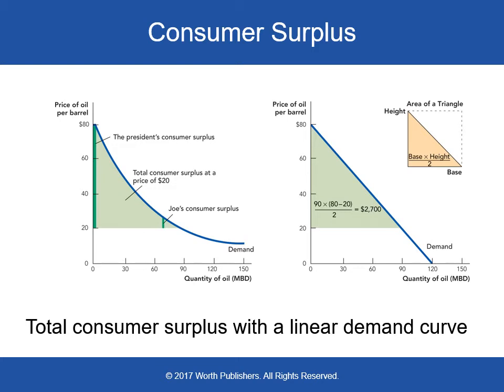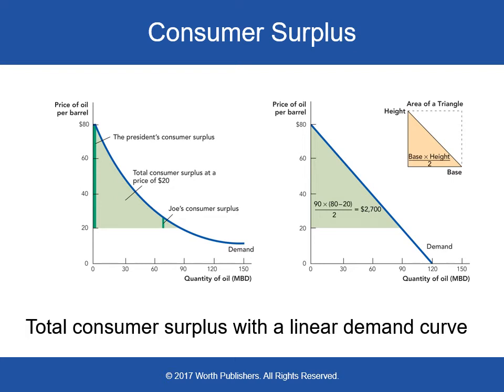So that green vertical line is the distance between 20 and, let's imagine, 30, whatever it is that Joe would be willing to pay. Joe doesn't buy a lot of gas, so the horizontal distance of that little green bar for Joe is not long, but it's got a vertical distance and a horizontal distance, and whatever that green area is, that is Joe's total consumer surplus.